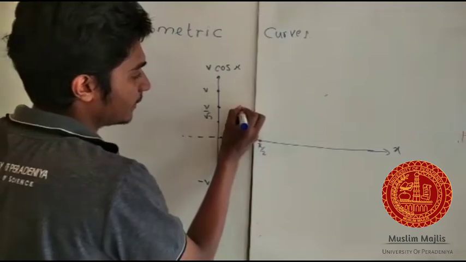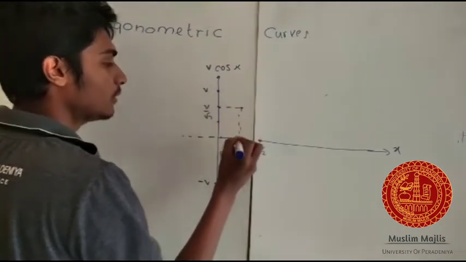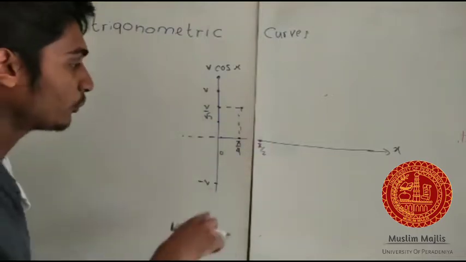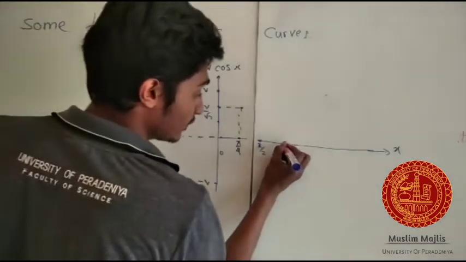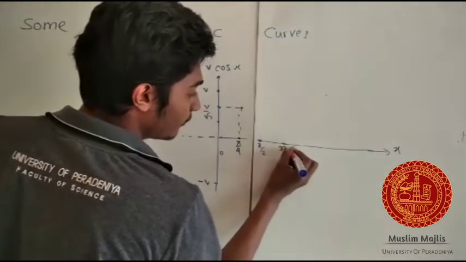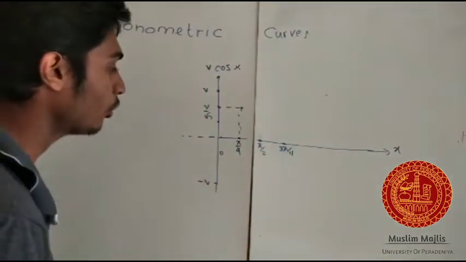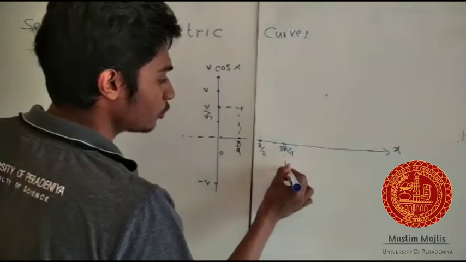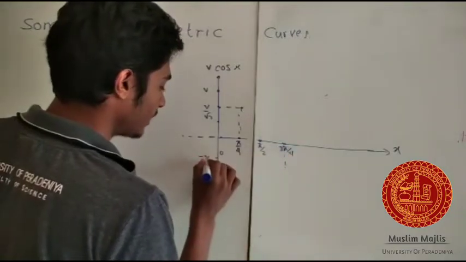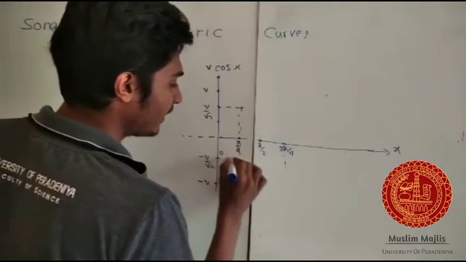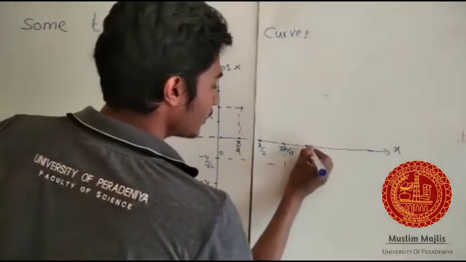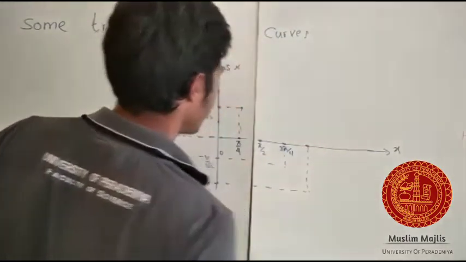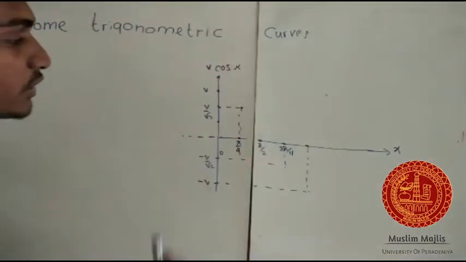So you're going to have a curve that keeps reducing like that. When it comes to 3 pi by 4, you're going to get minus v by root 2. And when it comes to pi, it becomes minus v. So this is how the curve is going to vary.